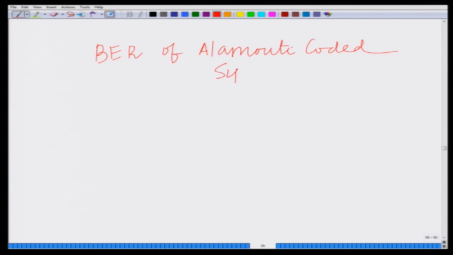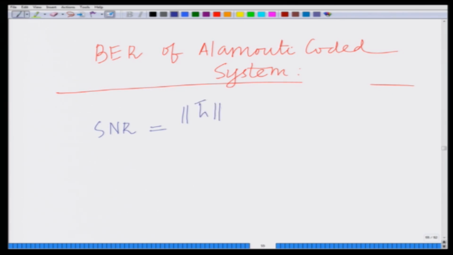As we have already seen, Alamouti is an orthogonal space-time block code. So, the bit error rate of this Alamouti coded system. Now, let us look at the SNR. The SNR of this Alamouti coded system is norm h square p divided by 2 sigma square. Remember, we said there is a loss of half compared to maximal ratio combining.